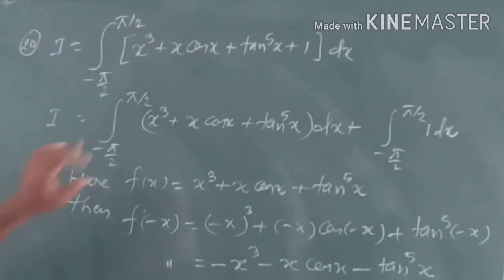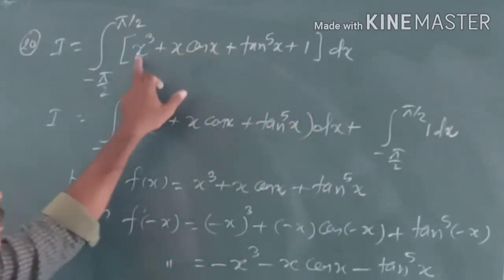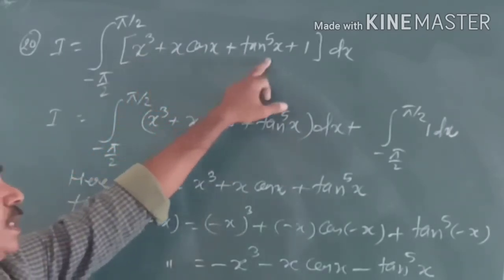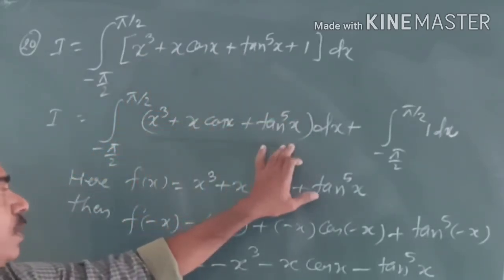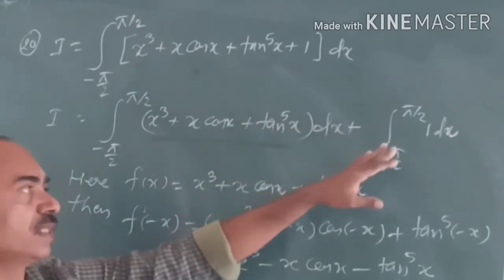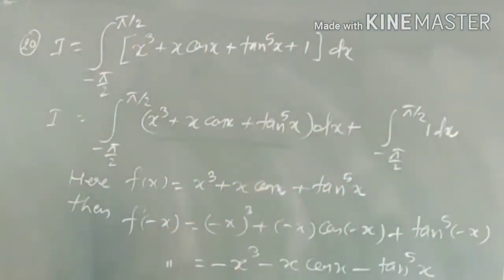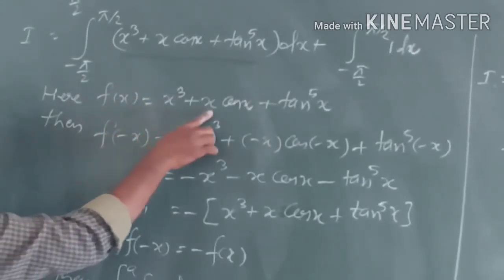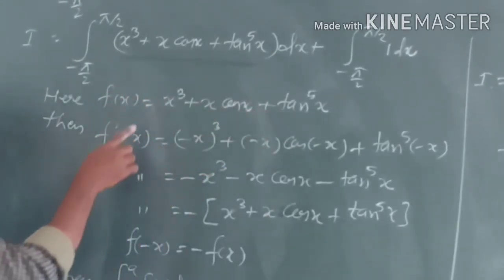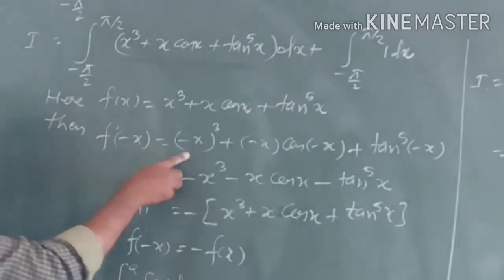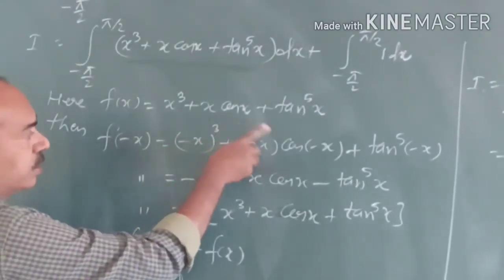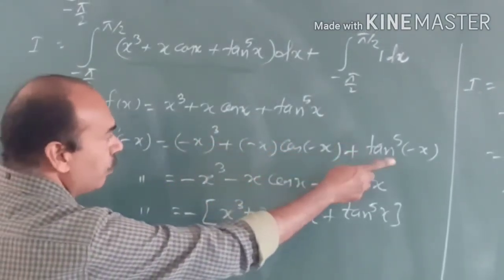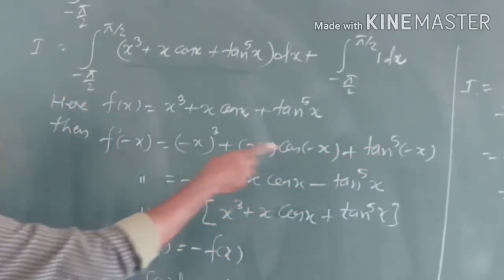So first separate this one. x cubed plus x cos x plus 10 to the power 5x, write in one integral, and the 1 in a second integral. Now this is our f(x): x cubed plus x cos x and 10 to the power 5x. In place of x, write minus x: minus x whole cubed plus minus x cos of minus x and 10 to the power 5 minus x.